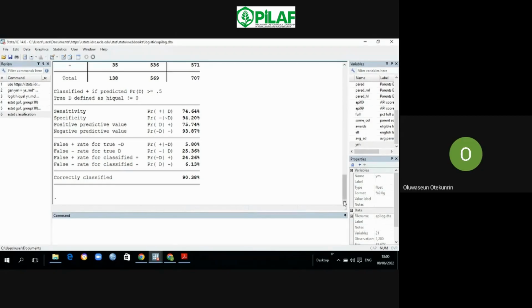That tells us that this model has been able to correctly classify 90.38%, which means the model has a very good fit. The model has really performed very well.